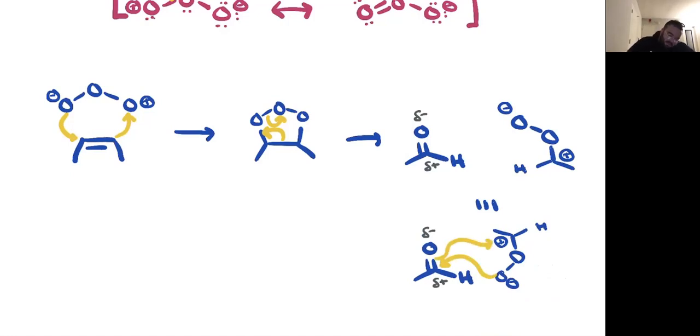Cool. I used to call this next intermediate something that looks like a car, but someone pointed out that it actually looks more like a penguin, and I wholeheartedly agree. So here's your ozonolysis penguin. And just to lighten up the mood a little bit, I will physically make it into a penguin.